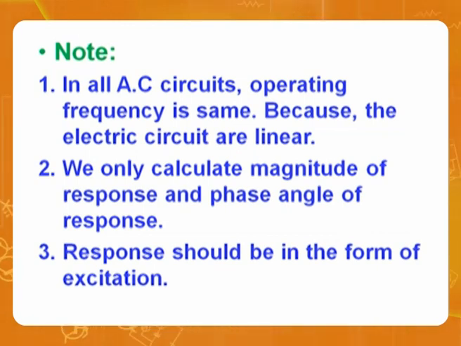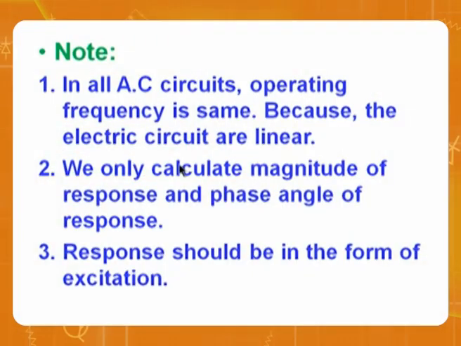Note, very important note I have made. In all AC circuits, operating frequency is same because the electric circuits are linear. When the circuit is linear, frequency will never change. So remember, this is a very important precaution. Then what are we going to do in all these calculations and analysis? If the frequency is same, you are only going to calculate magnitude and phase. Input magnitude, output magnitude is going to be different.